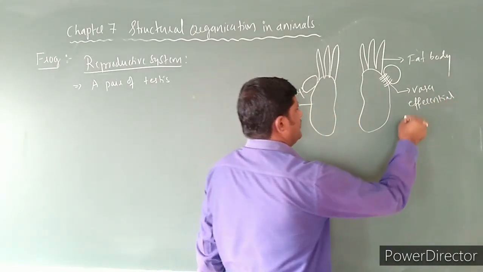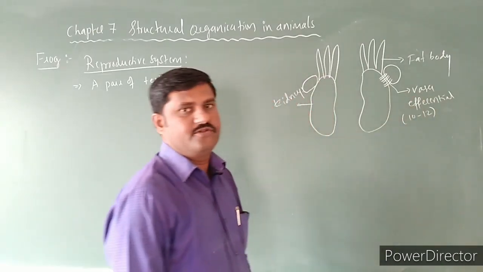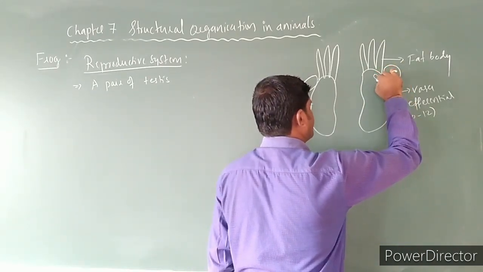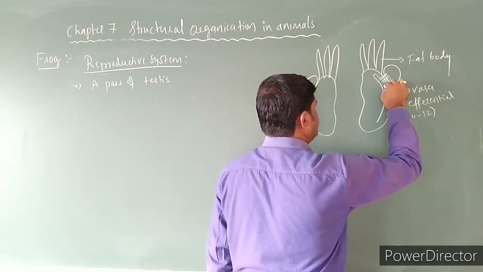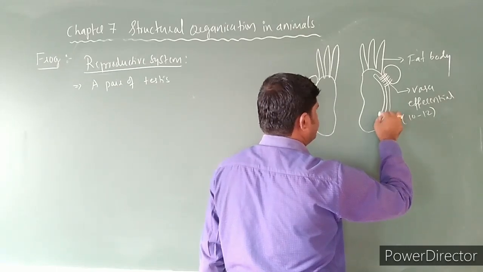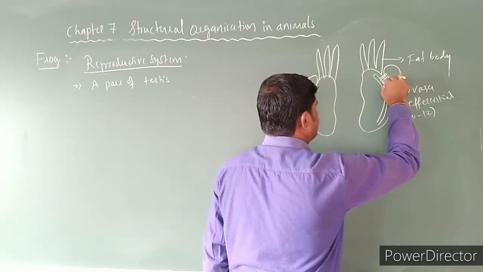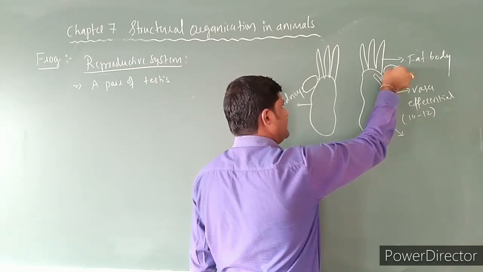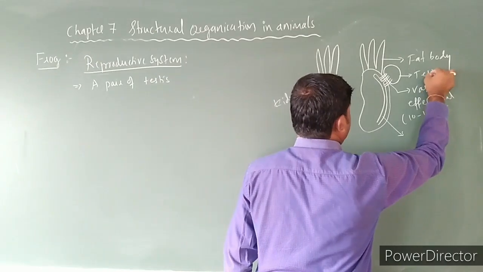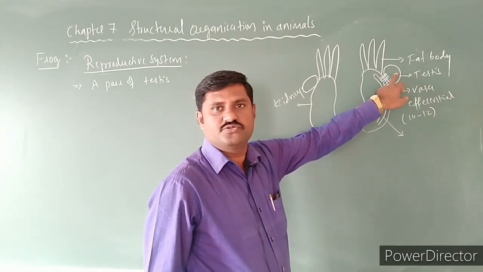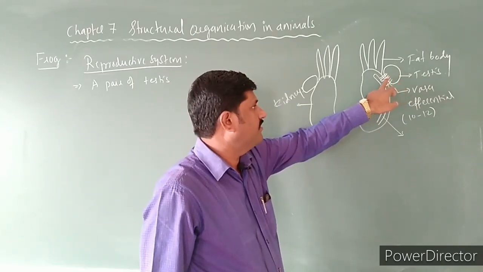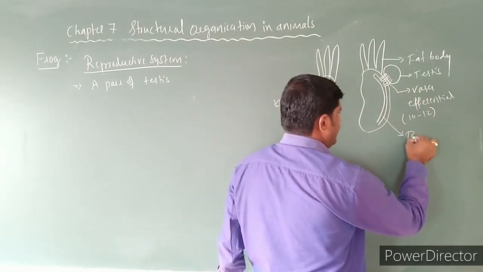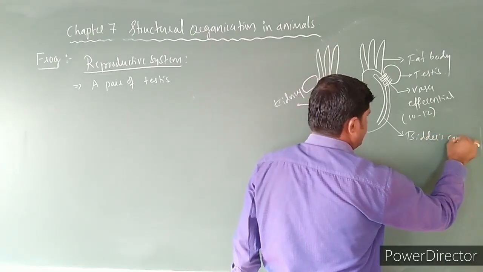Vasa efferentia are 10 to 12 in number, and they open into a common tubule, in which the sperms released by the testis travel. The testis produces sperms, and those sperms come through the vasa efferentia to a common tubule, and that common tubule is called Bidder's canal.